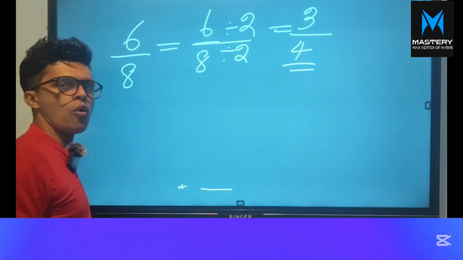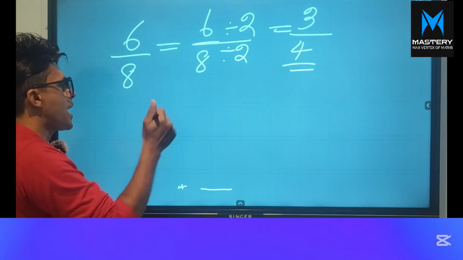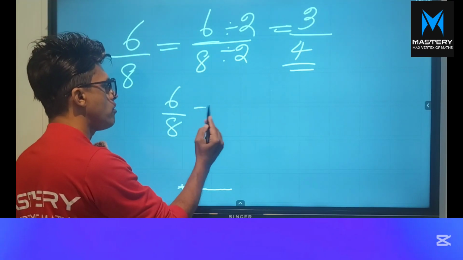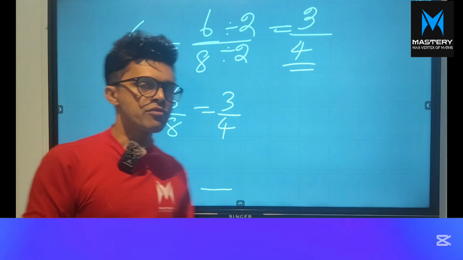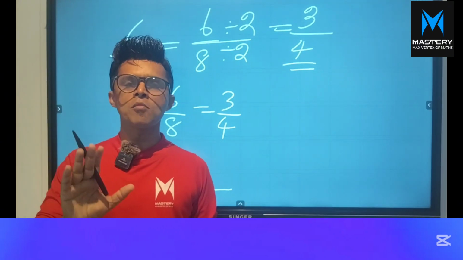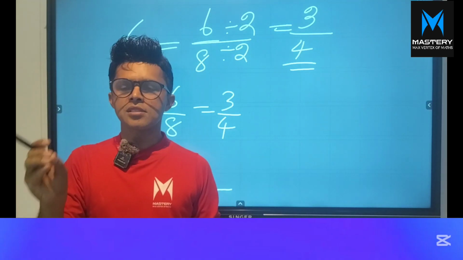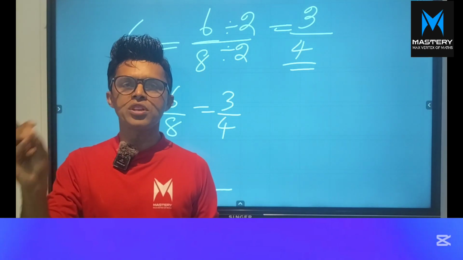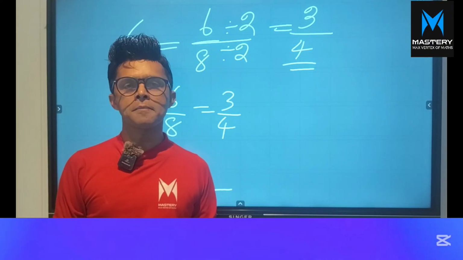The answer is 3 over 4. An equivalent fraction to 6 over 8 is 3 over 4. So equivalent fractions can be taken by dividing both denominator and numerator using the same digit.